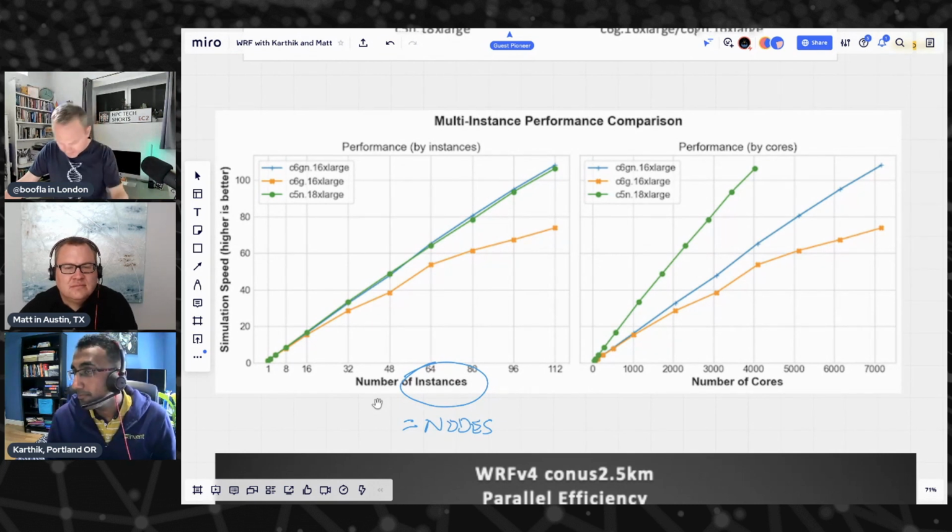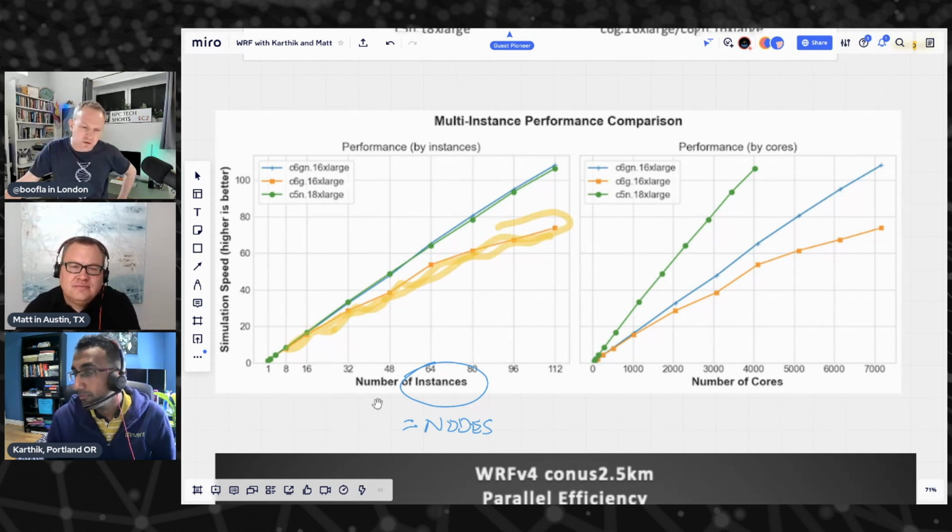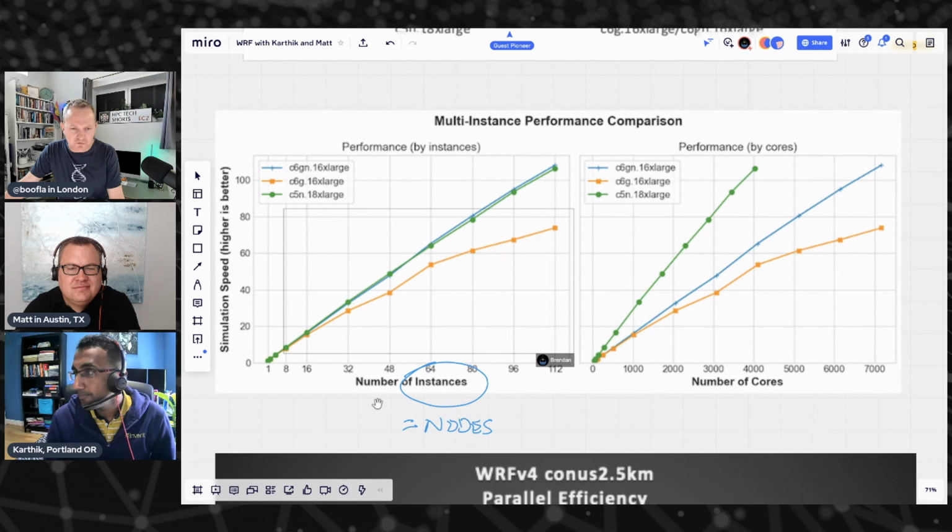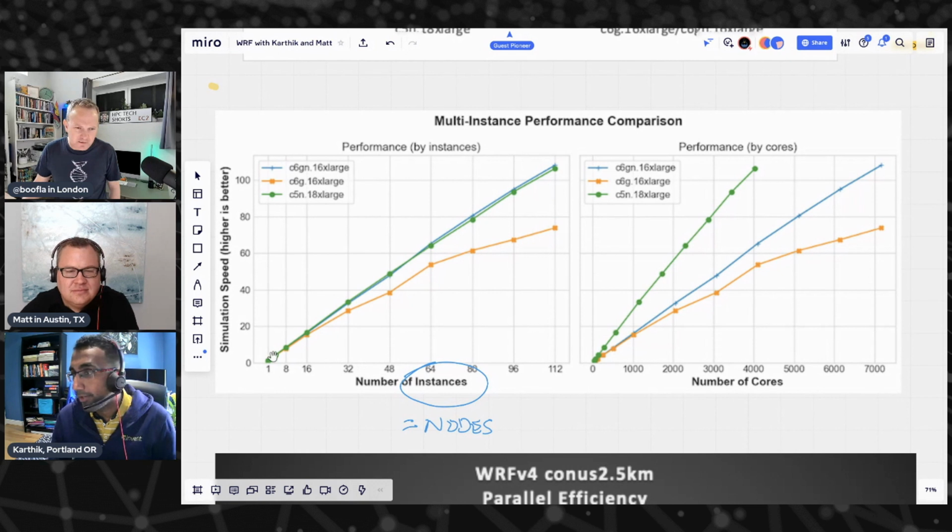That line here, that's the non-EFA line. That's correct. And for the sake of everybody watching at home, realistically that's TCP as our MPI transport, which is pretty awful. So it's not too shocking that it performs badly. Right. But the other two lines are overlapping, Karthik. You don't get much better fit than that.